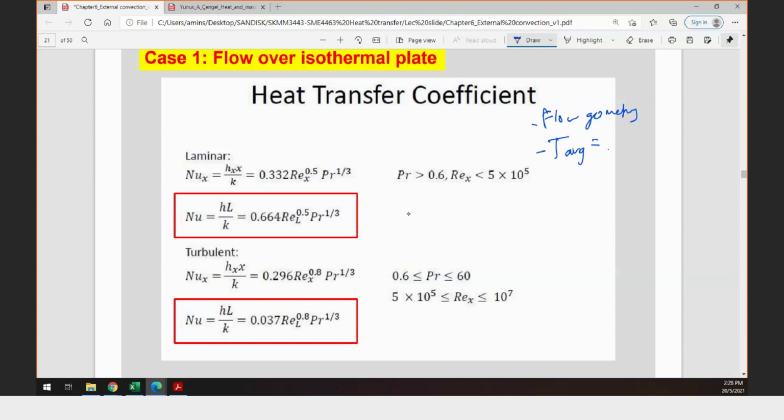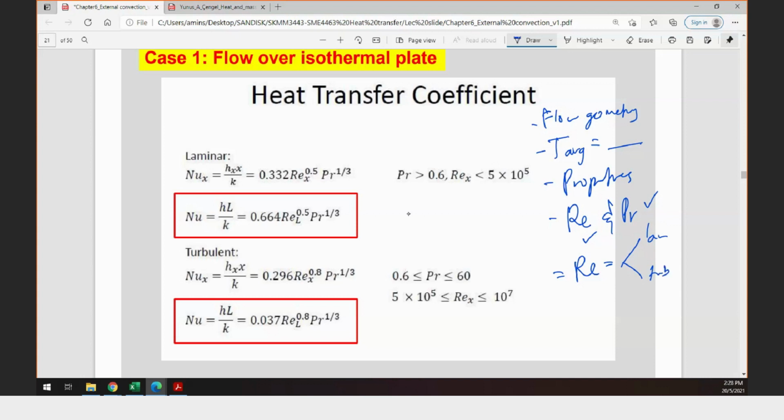So you define your properties, you calculate the Reynolds number and you know your Prandtl number. Okay, so you choose, because from the Reynolds number you know whether it is laminar or turbulent.